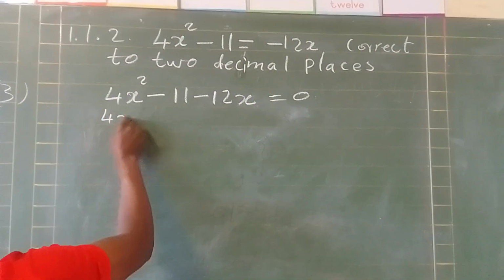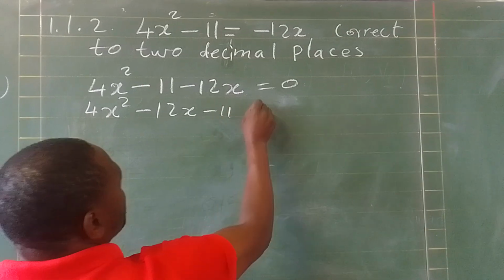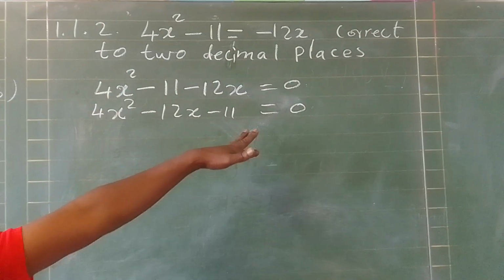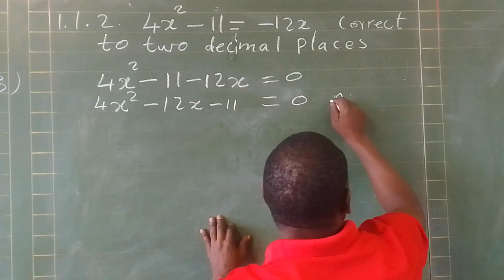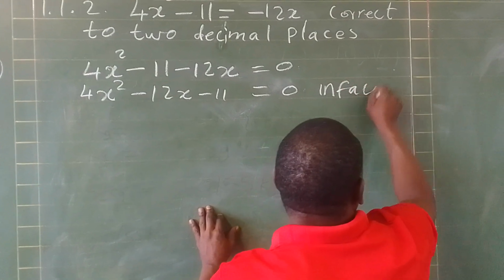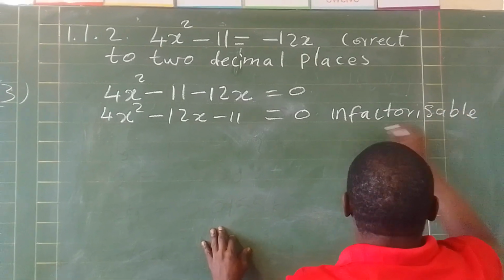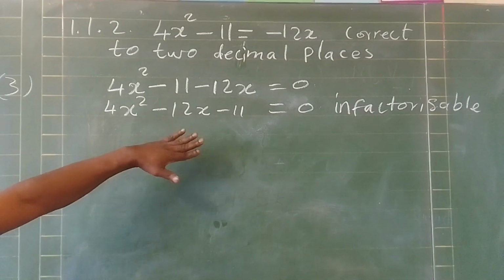You rewrite it as 4x squared minus 12x minus 11 equals 0. By looking at it, it is unfactorizable. It means the factors are hard to find.